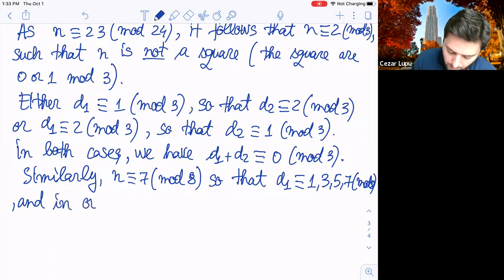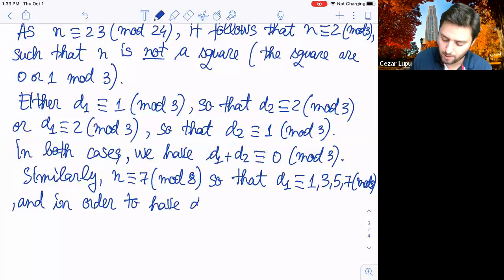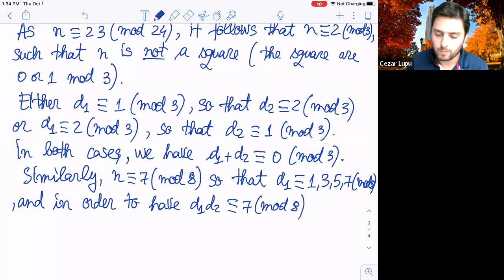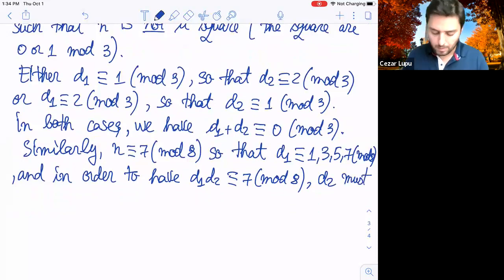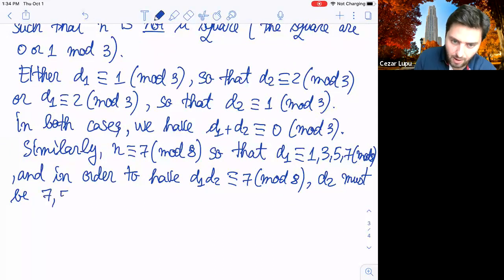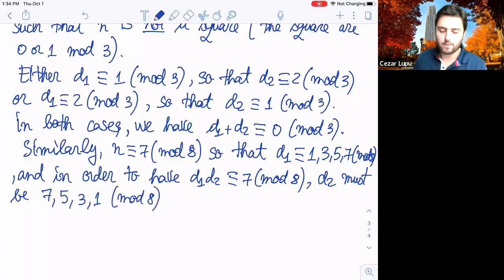And in order to have D1 times D2, the product, be 7 mod 8, because I know that n is D1 D2, it follows that D2 must be what? Exactly, 7, 5, 3, 1 mod 8, correct? Yes, right?